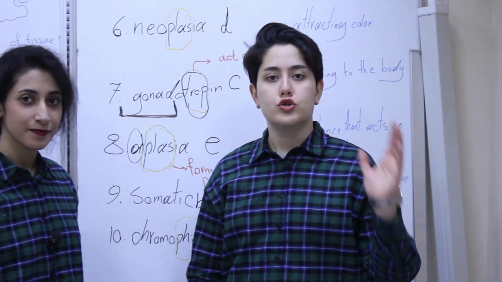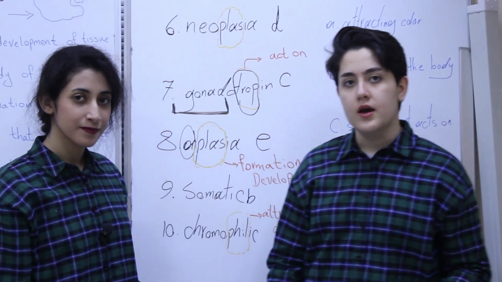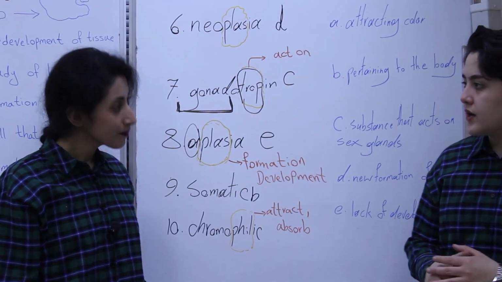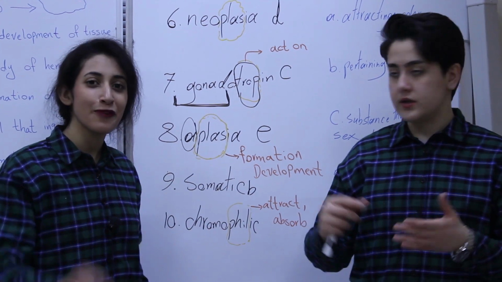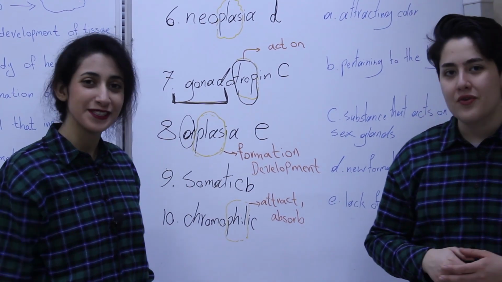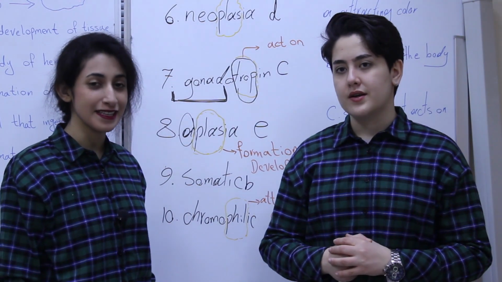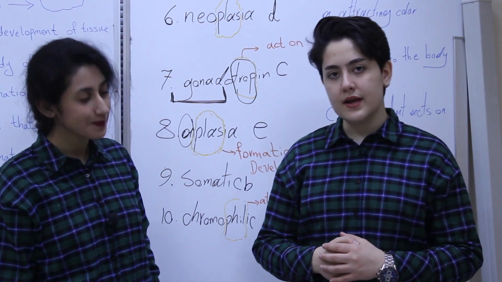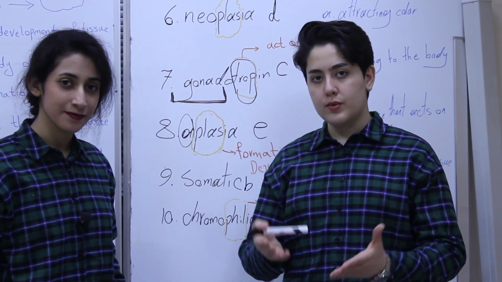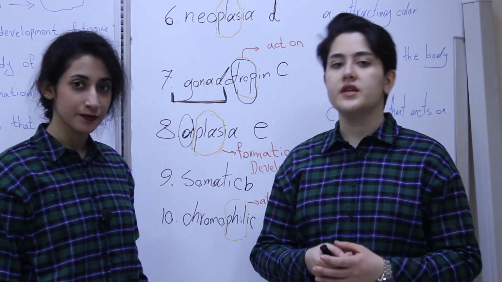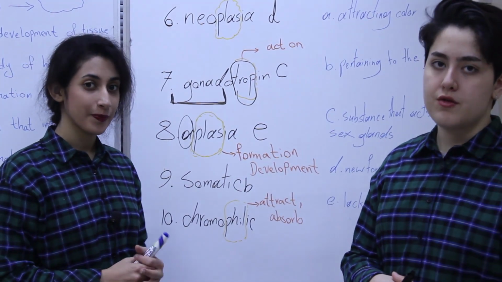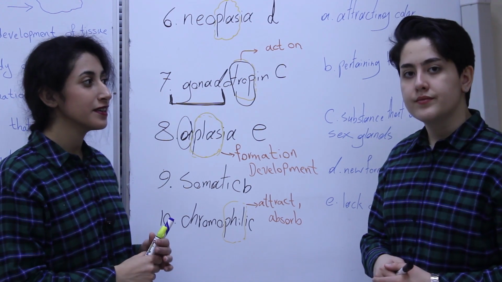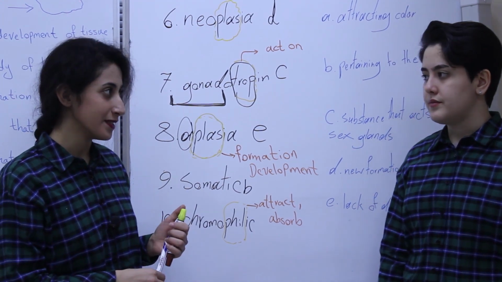For example, somatic cells of the skin have 46 chromosomes. In humans, somatic cells usually, in normal situation, have 46 chromosomes or 23 pairs. And their division is with mitosis also.